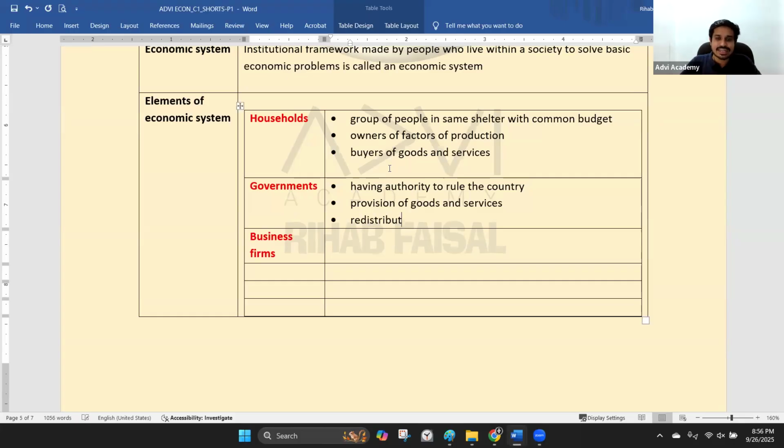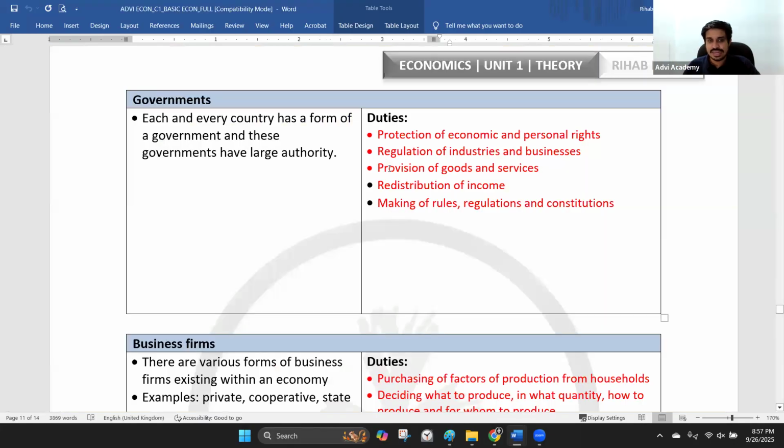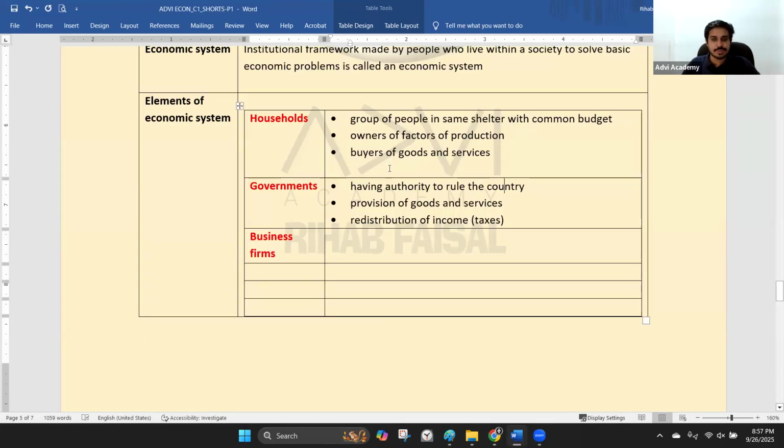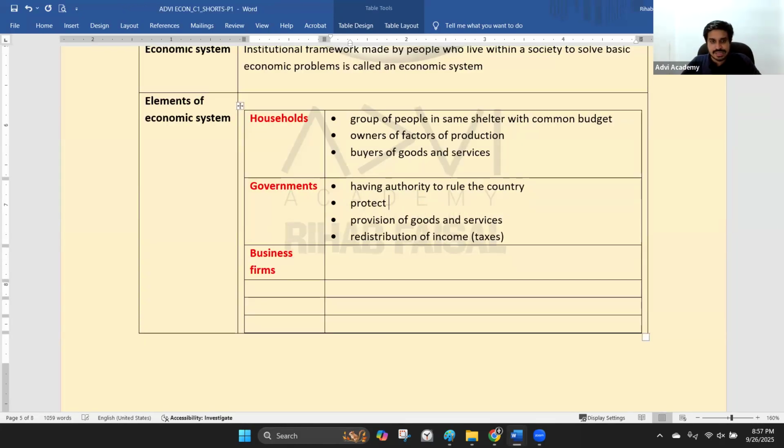What they do is they take taxes from the rich and they give to the poor. That is what redistribution of income means. I'm just going to put in brackets saying taxes, right? And they are the ones who have to protect the economic and personal rights. We can put that, those four points are in. Protect economic and personal rights. That's enough.